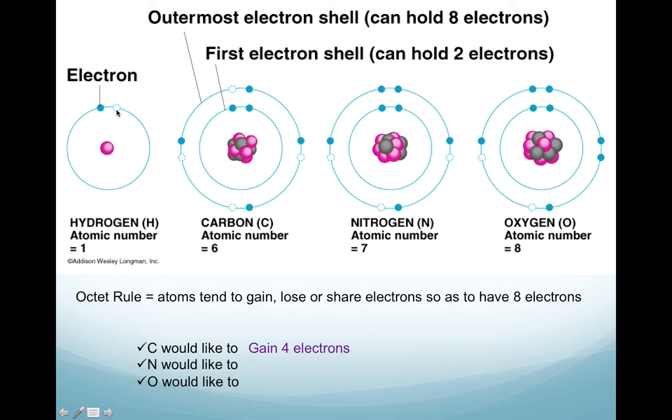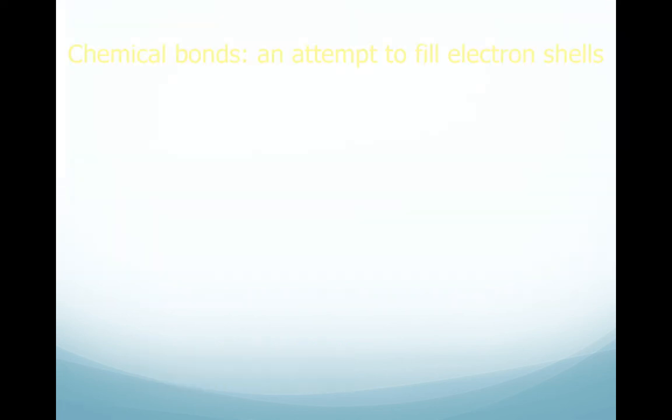So hydrogen is a prime candidate to interact with another atom to get this shell filled, and that's the basis of what we're going to talk about when we discuss ionic bonding and covalent bonding. You can go ahead and guess how many electrons each of these is going to want to gain in order to be completely filled.